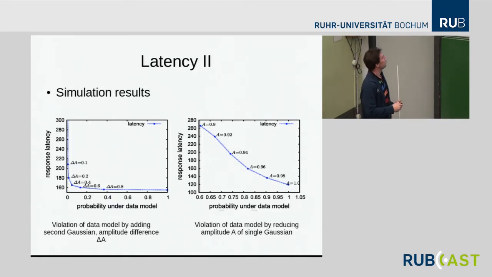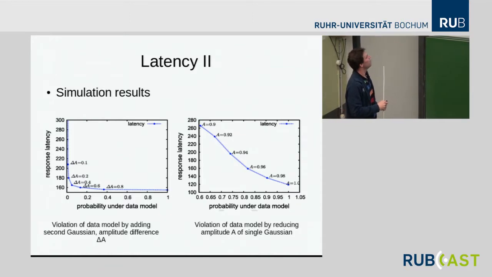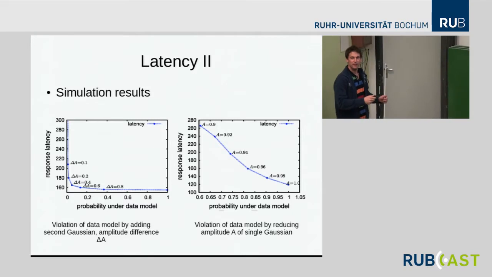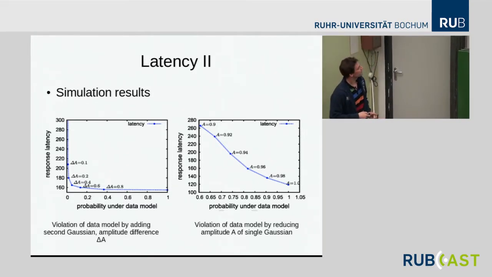And when you look at the latency in simulation ticks, for very low differences between Gaussians, you get a very high latency. If the difference gets large, the latency decreases. So there's a clear monotonic relationship between latency and, let's say, conflict or probability of the input.